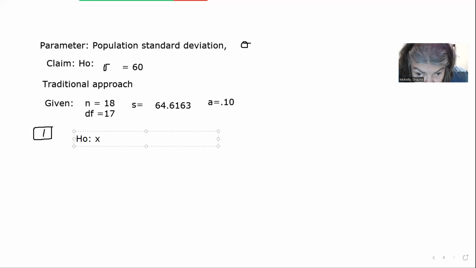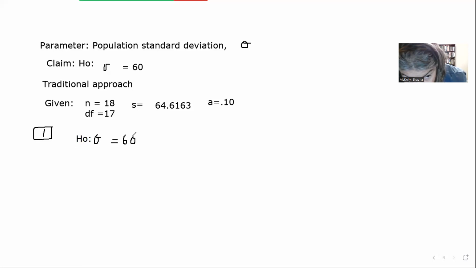I'm just going to use X for this on my keyboard, X2, to denote, I'm sorry, not X2, not yet. That was wrong. This is supposed to be sigma. So here we're doing sigma, not X2, not yet. Sigma here is equal to 60. That's my claim. Okay, 60.